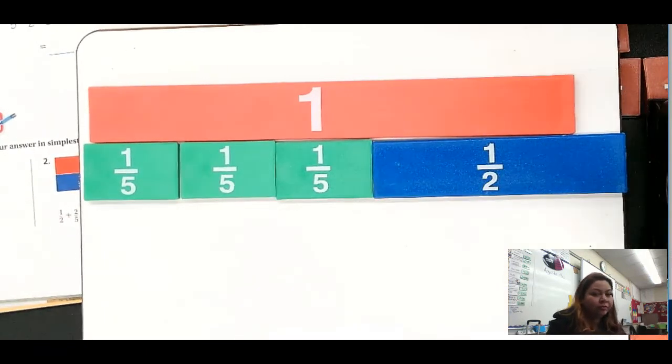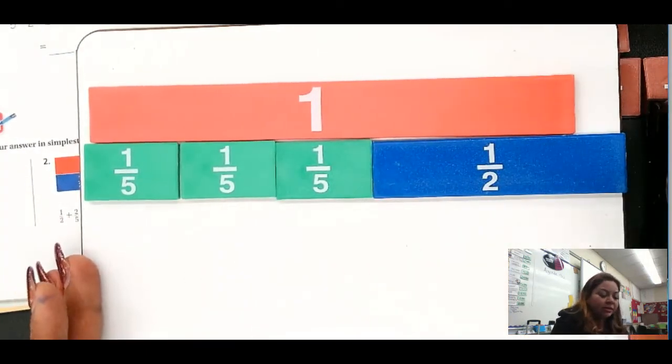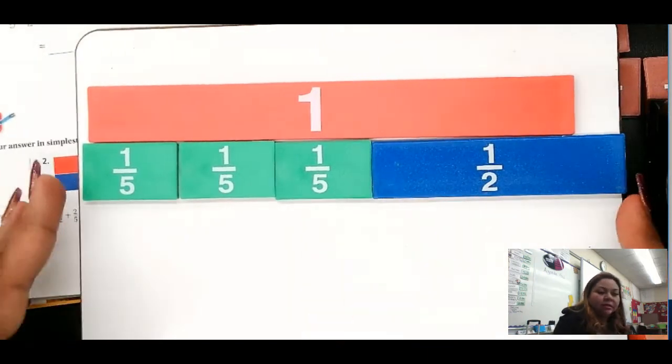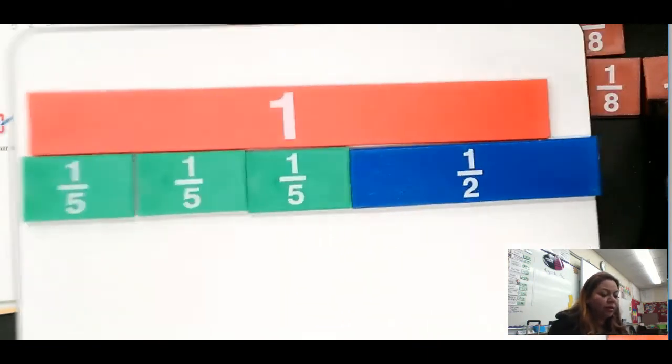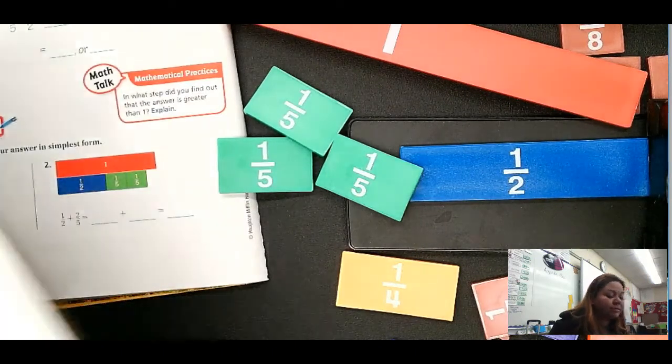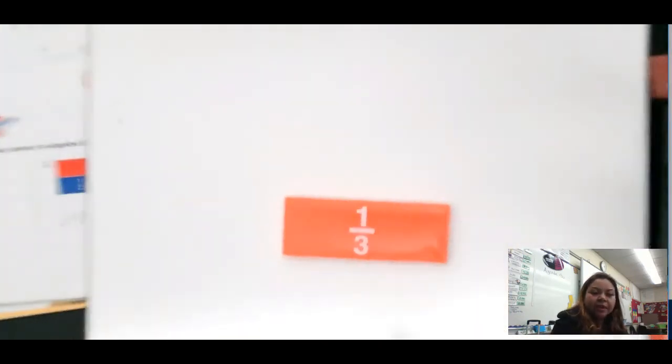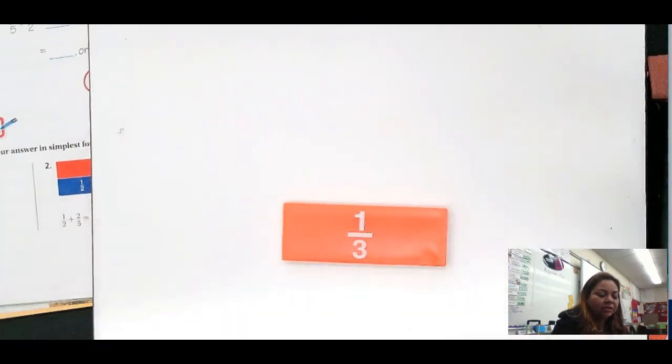So we know that 1/4 didn't work, so I want you to find the tiles that will fit in this area. Okay, and you're going to write it on your board. Then I'm going to be walking by and I want to see your answer. You can help each other at this moment if you're having trouble, but I will be around, and I also want you to tell me how many fraction strips were able to fit in that area. How many fraction strips fit with the same denominator, okay? Do you have any questions? I will be walking by.